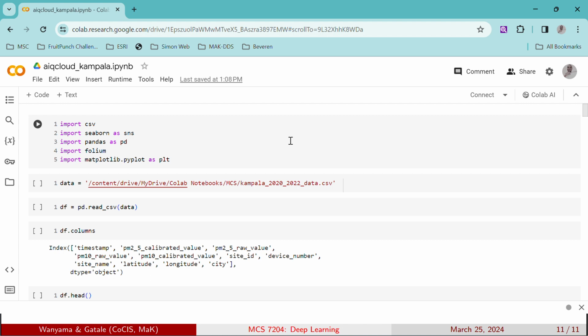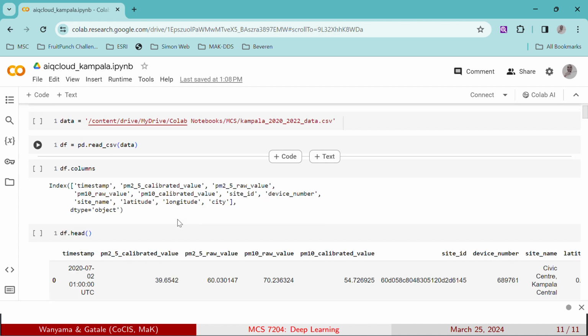So we got their data across the devices in Kampala, a list of the devices from Kampala between 2020 and 2022. So all the data they collected there, and they have different features there. So we did EDA on this as we extract our satellite data that we shall present in the next presentation.